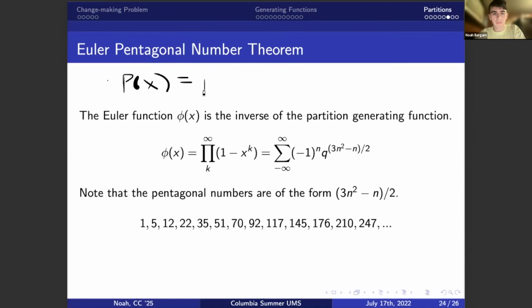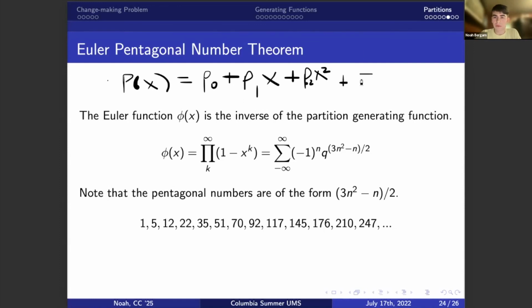So we want the partition generating function to be of the form P0 plus P1 x plus P2 x squared, and so on. The whole point is that if we want the partition function for n equals 17, then we look at the coefficient of x to the 17.